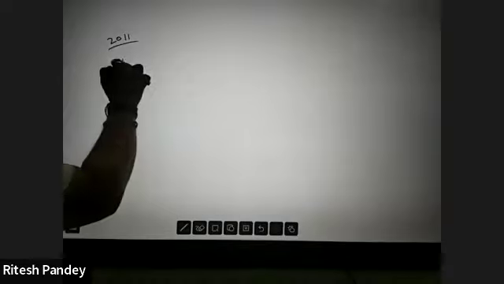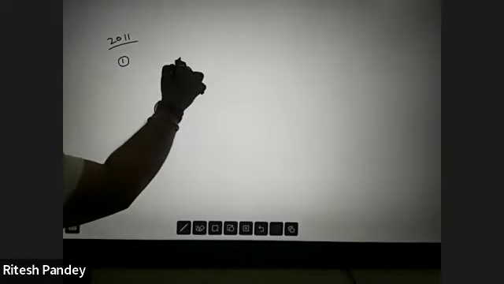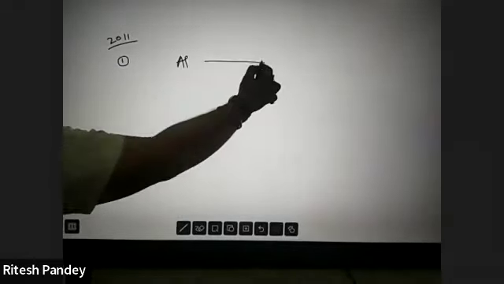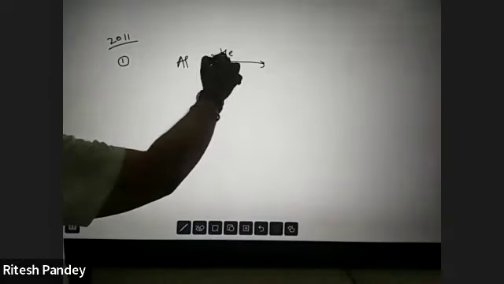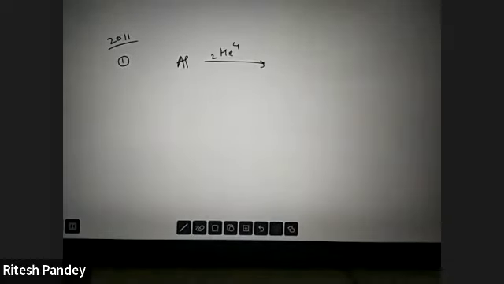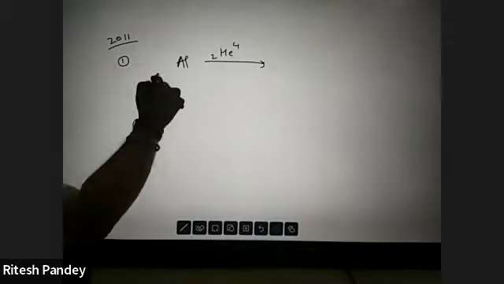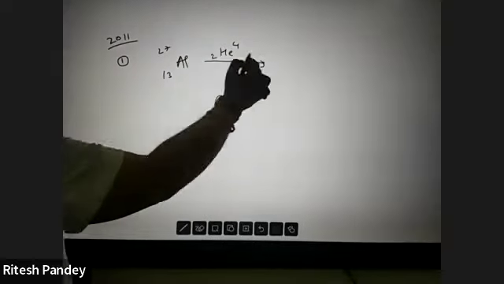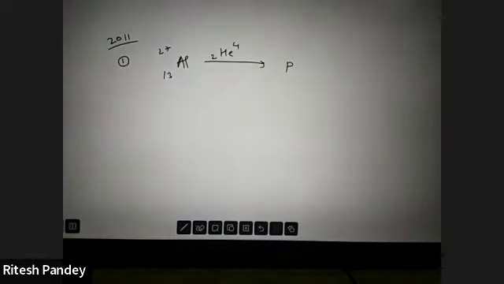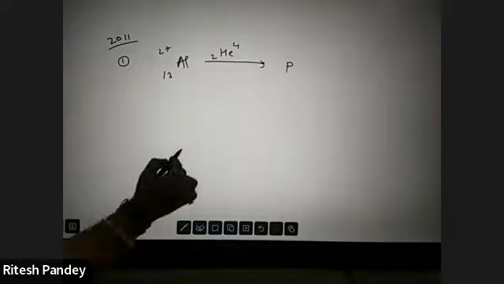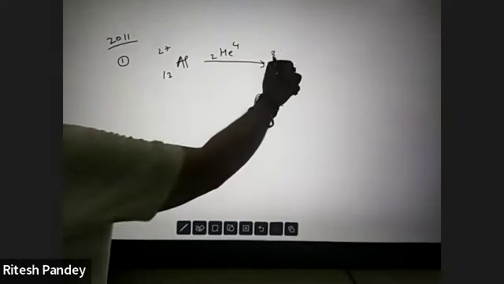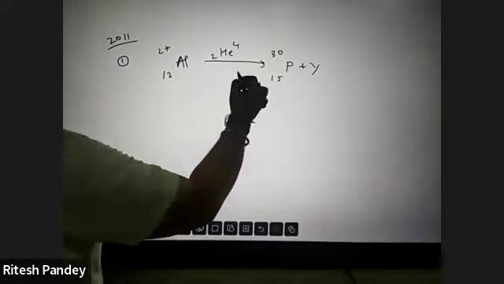2011 JEE का question है. Alpha ray is bombarded with helium nuclei or an alpha ray. So this is how an aluminium nuclei 13 27 is eventually getting converted to phosphorus, which I reckon is 15 30, given in one of the processes.